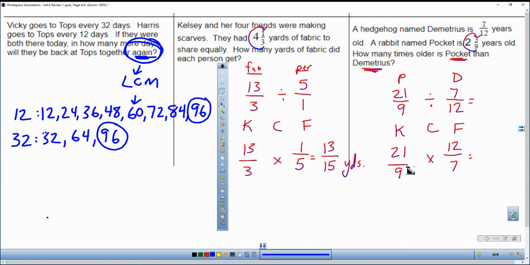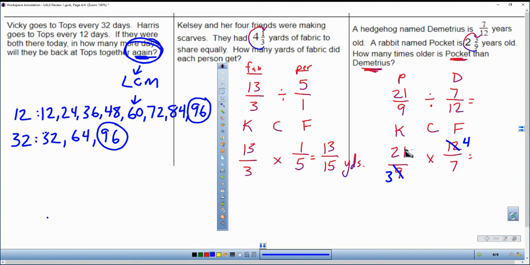Look at 9 and 12. What can you divide 9 and 12 by? 3. 9 divided by 3 is 3. 12 divided by 3 is 4. Okay. 21 and 7. What can you divide these by?